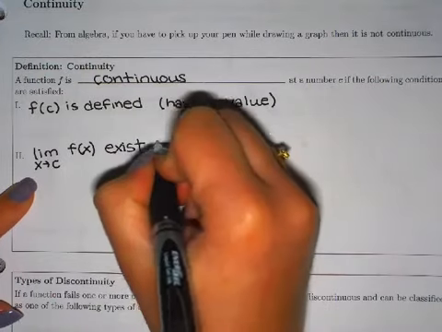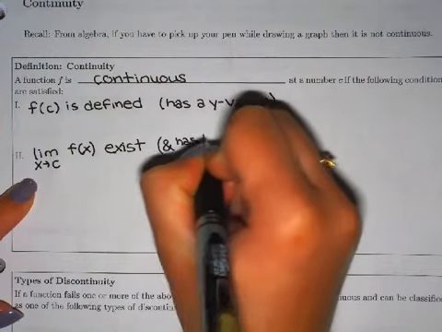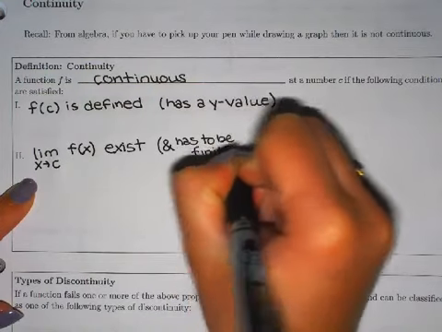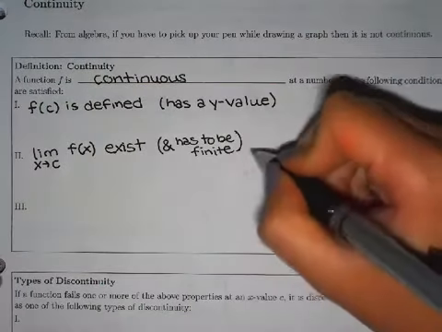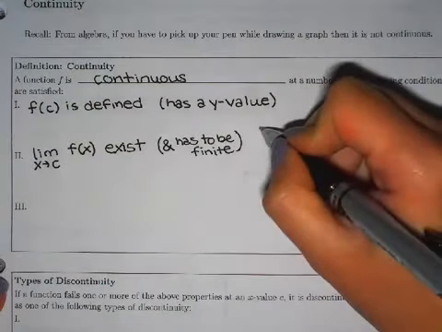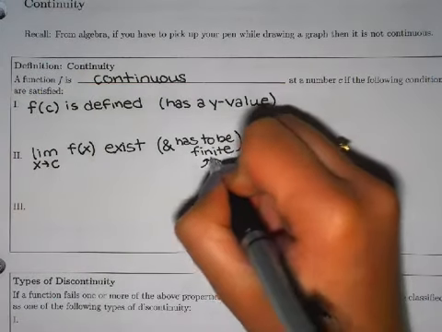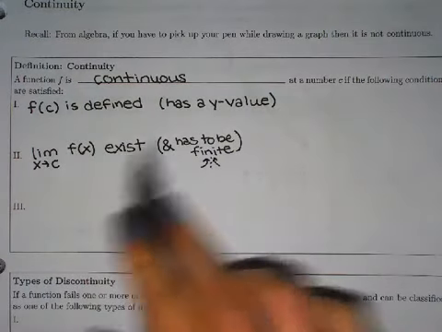And really, it has to be finite, because we've seen the limit be infinity, and you really can't draw that without picking your pencil up. So you'd say up and then up, but you're still picking up your pen to draw something that has a limit of infinity. So when it exists, it has to be finite in order to be continuous as well.